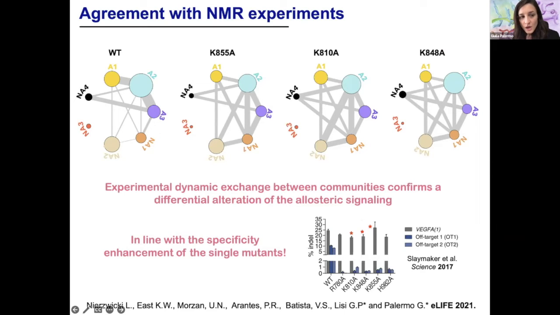And in gray, we quantified the information transfer observed through NMR, which is the experimental dynamic exchange. And you can see that the three mutations reduced the dynamic exchange in between the allosteric communities, which was supportive of what we observed computationally.